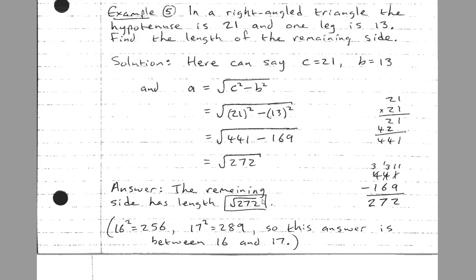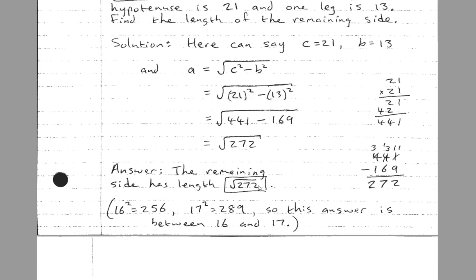Can we take this square root? It's not an even square root. The square root of 256 is 16, and the square root of 289 is 17, so we're in between those two. If you use your calculator, you get 16 point something. But this is the best answer here.